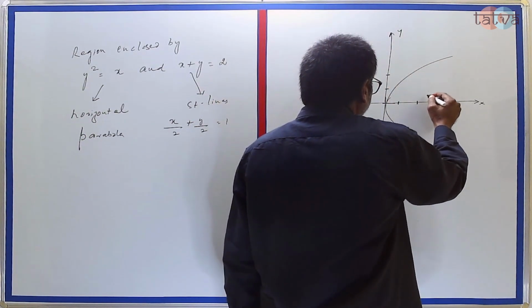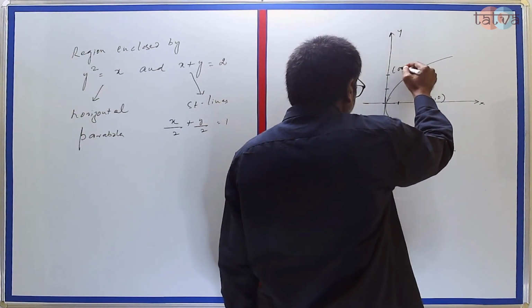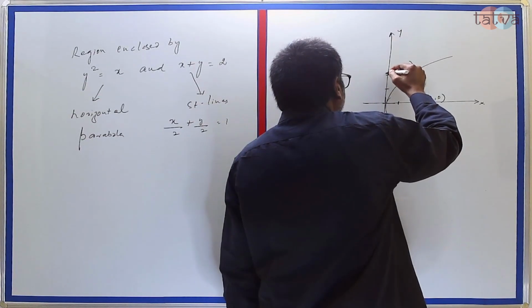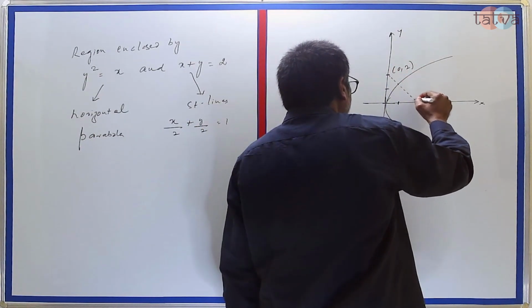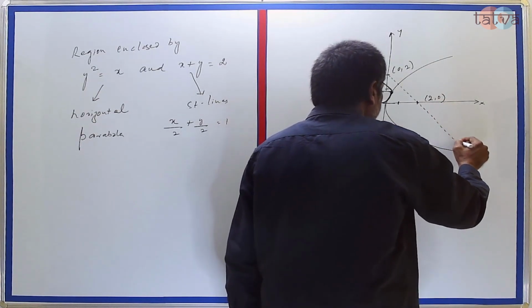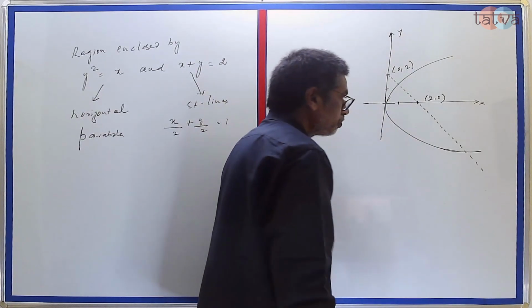So this would be (2, 0) and that would be (0, 2). Join. Don't stop there. Extend till it meets the lower branch of the parabola.